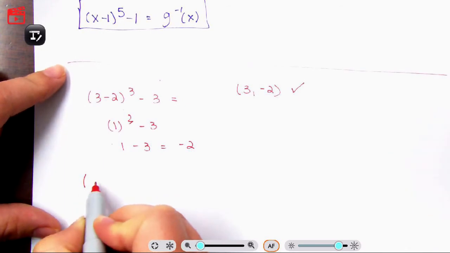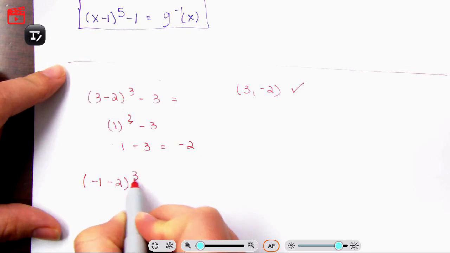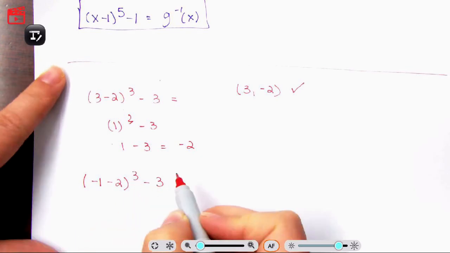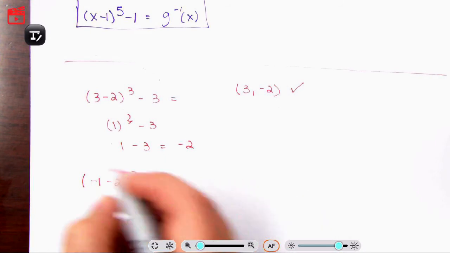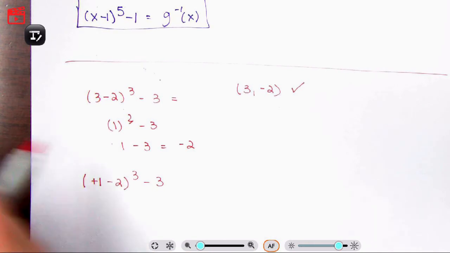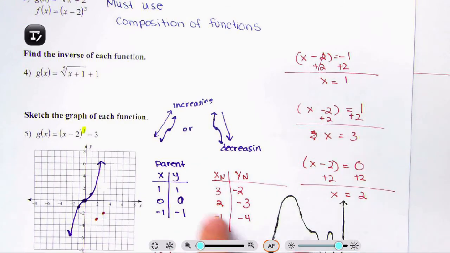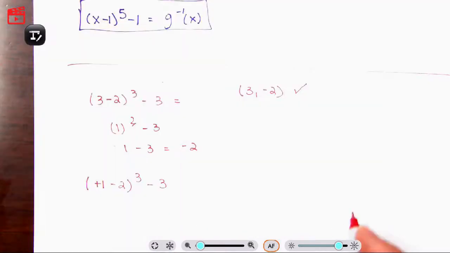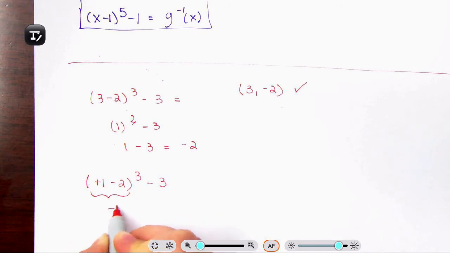Let's try another one. We already checked our vertex, so let's try negative 1 minus 2 cubed minus 3. Oh, that's probably why. It shouldn't be negative 1. It should be positive 1. Because, you guys, if I go back here, we had positive 1. And for some reason, I took that positive 1 and I made it negative here. So that was the issue. Because I want this bubble to equal negative 1.